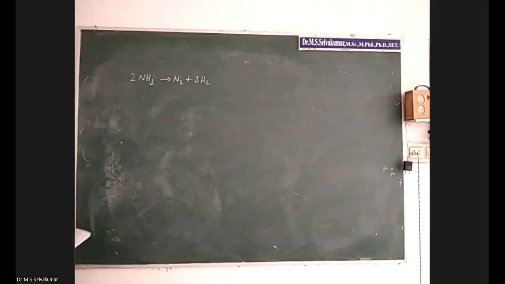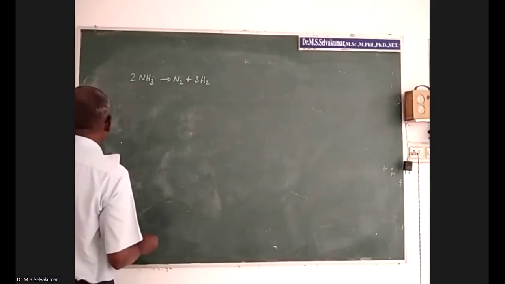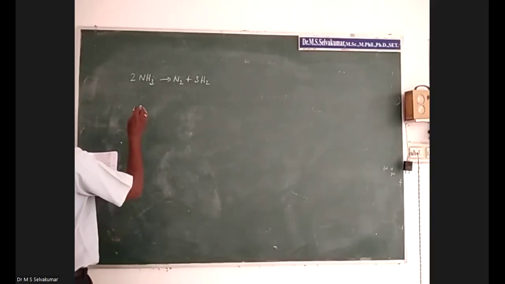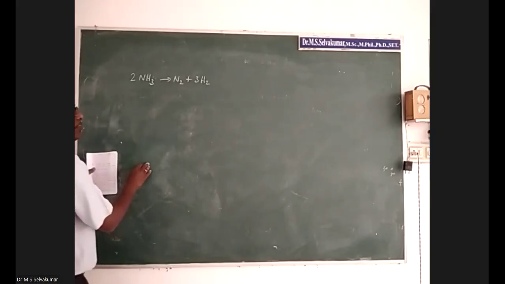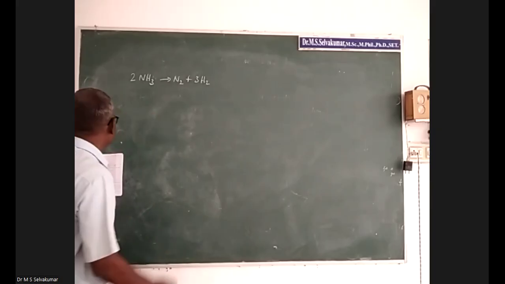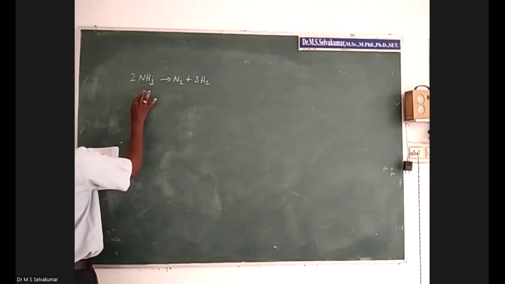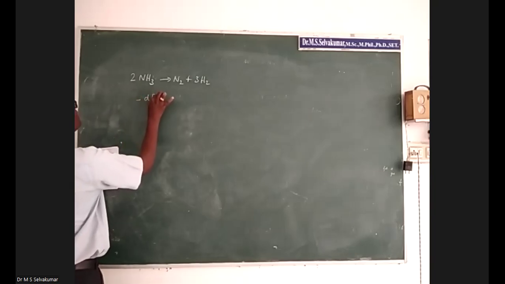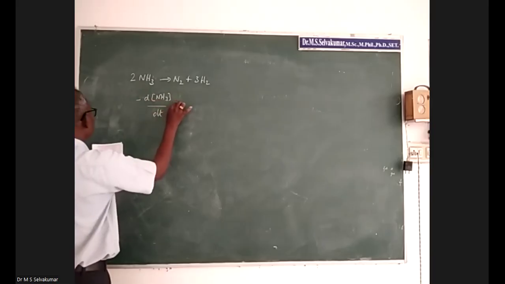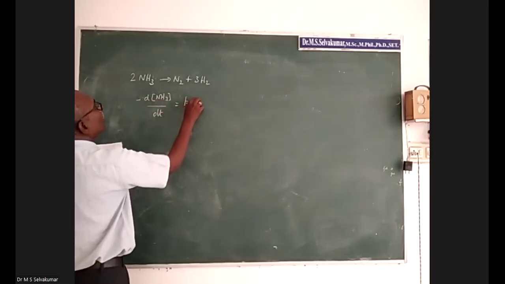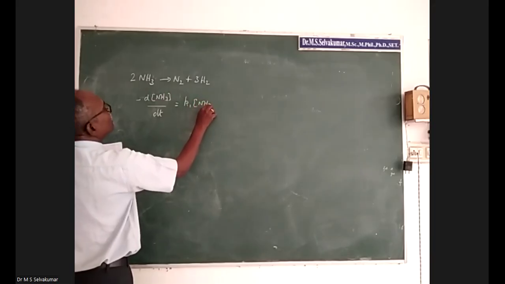Now, the question is very interesting, but everything involves the principle we have seen in the previous questions. Look here, the rate of decrease of ammonia concentration is K1[NH3].